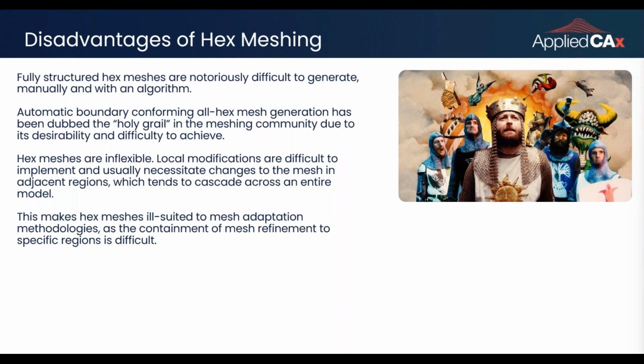The element formulations for parabolic TETs are very good and are producing very good results, even if they're not quite as good as hex meshing or the hex element formulations. So, for a lot of reasons, it is just easier to use a TET mesh than an equivalent hex mesh.